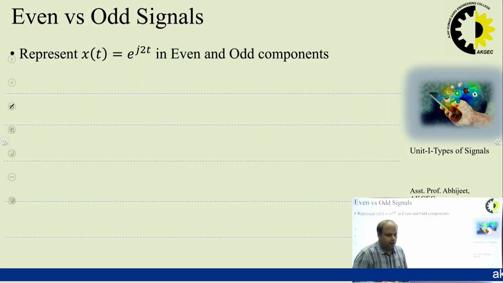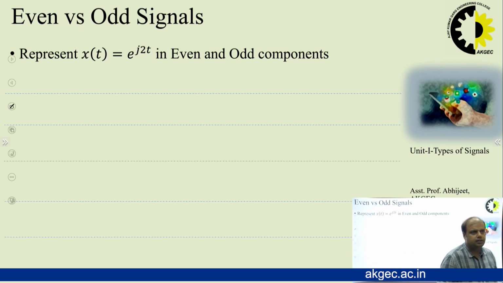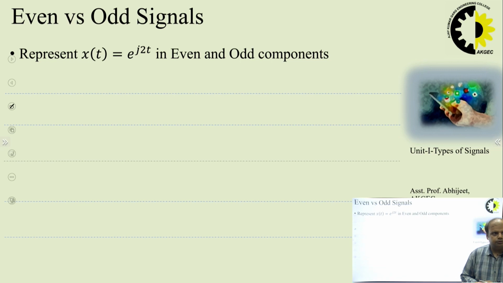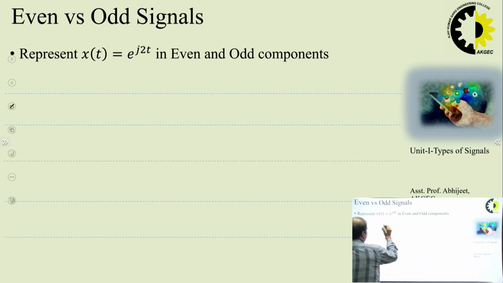Continuing with the example of breaking a signal into even and odd components, sometimes we can also not refer only to graphical methods, but analytical expressions can be used to find even and odd components. Suppose we have a signal x of t equal to e raised to the power j 2t.